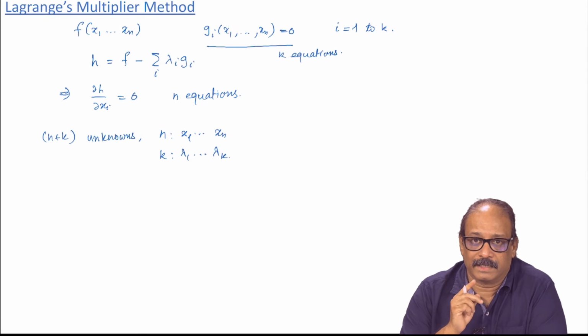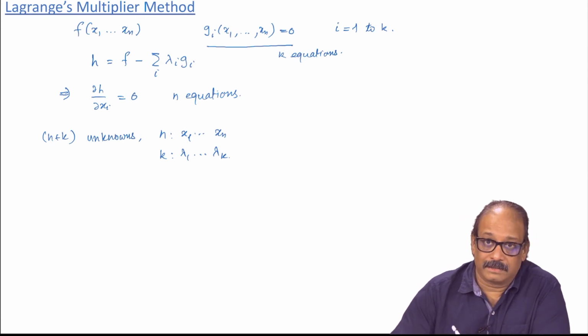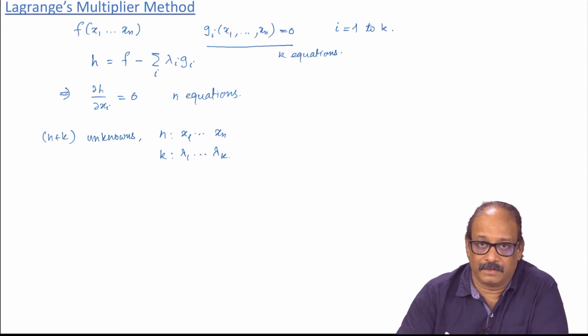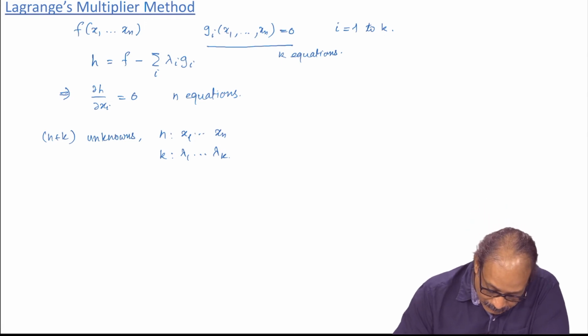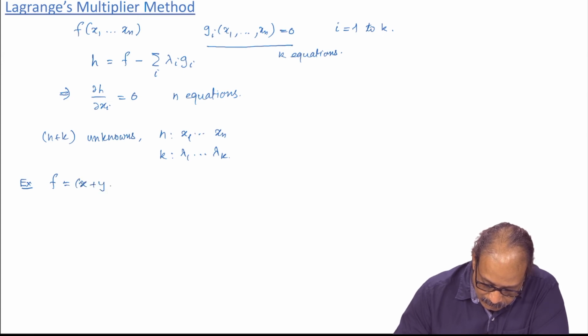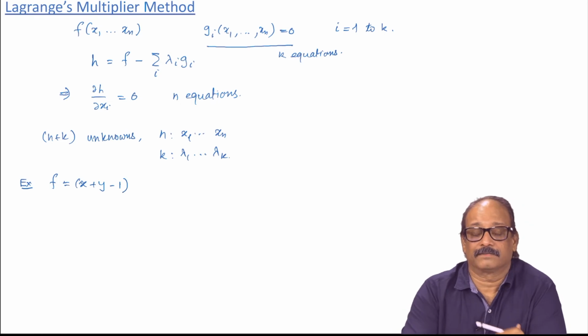I'll just give you one example, which is in fact similar to the one which we did earlier. Say in this example, the function f is given by x plus y minus 1.